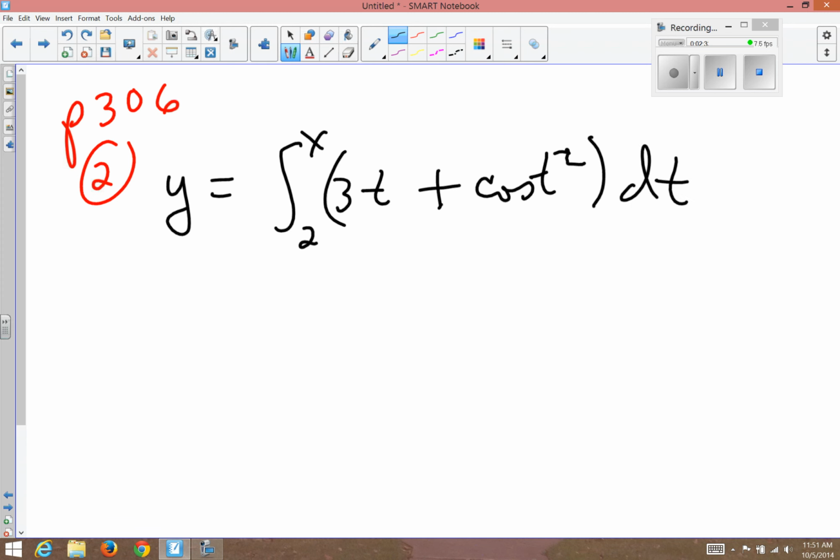The directions in exercises 1 through 20 are to find the derivative of y with respect to x.